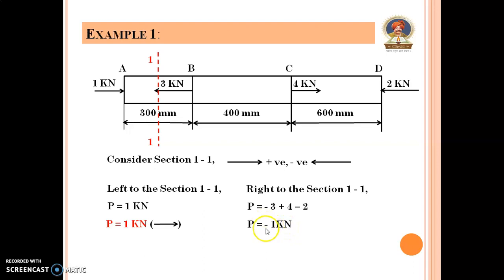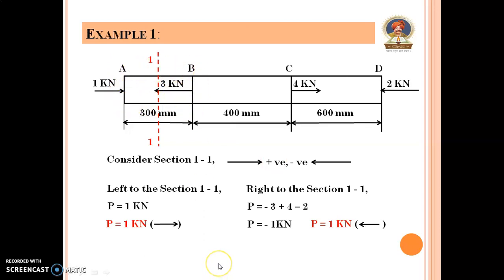So this minus indicates the force is moved towards which side? That is the left side. So P is equal to 1 kilonewton, and this sign indicates the force is moved towards the left side.